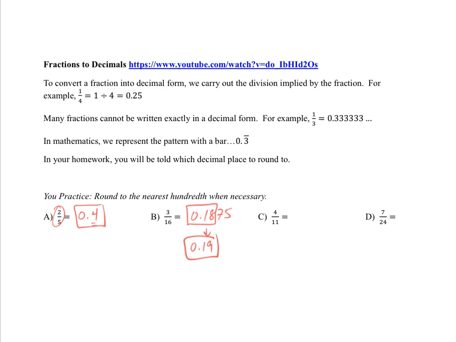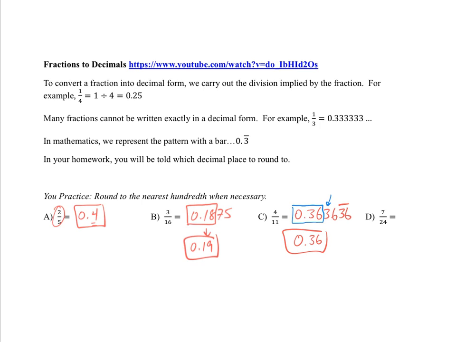For these other two, when you divide 4 over 11, you get 0.363636 repeating. But we're only looking for these first two decimal places. Since this number is less than 5, we will not round up. We will leave everything the same in the 0.36.